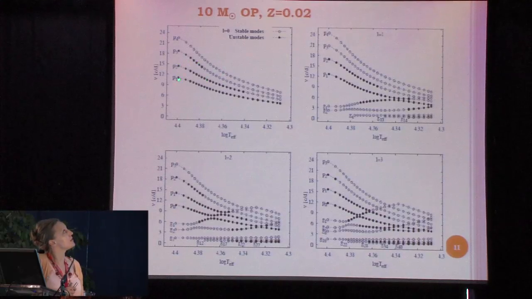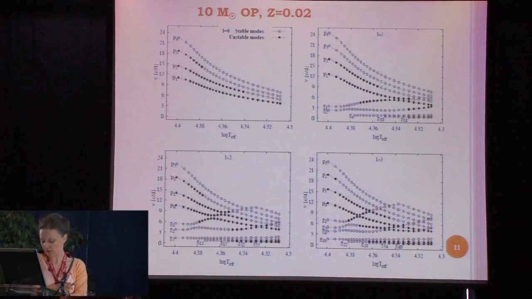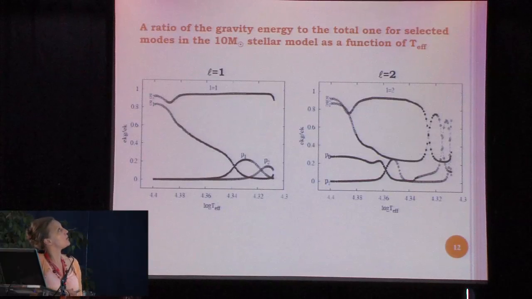So here we can see that the fundamental mode is actually unstable during the whole evolution on the main sequence. For example, for non-radial modes, we can have some gravity modes, and to show the nature of this mode, here I plotted the ratio of the gravity energy to the total energy of the mode for several dipole and quadrupole modes.